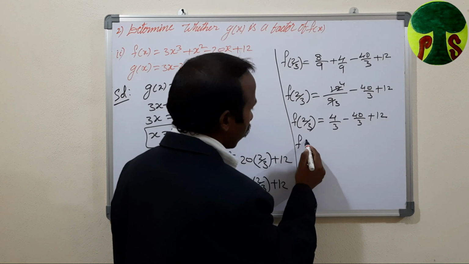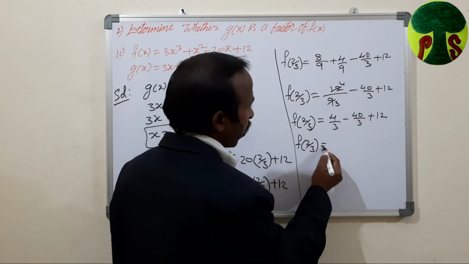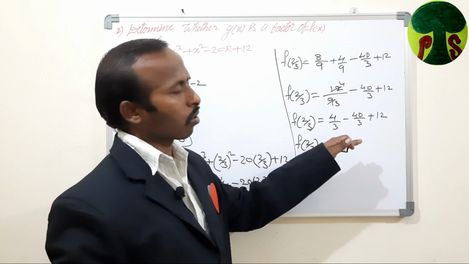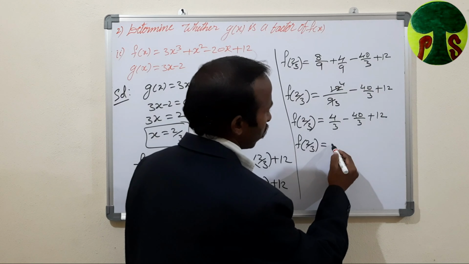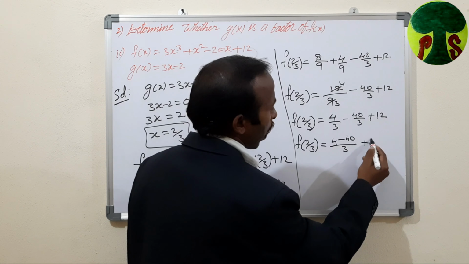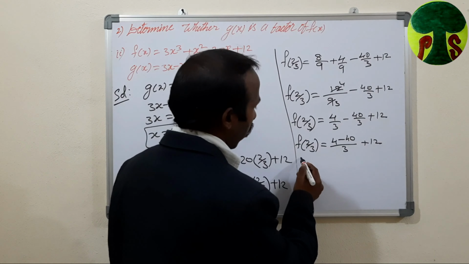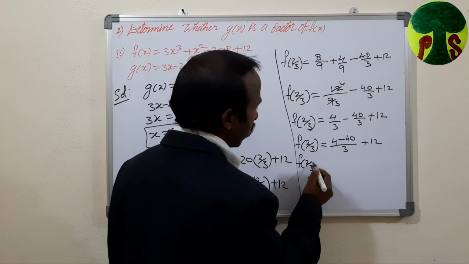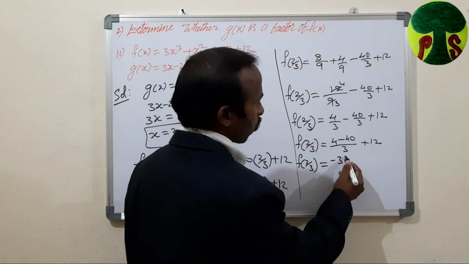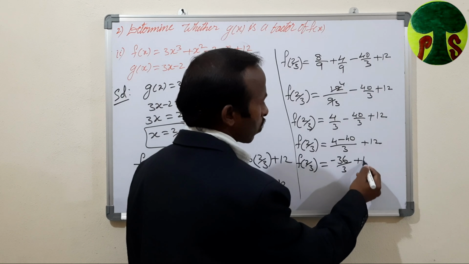Now denominators are same, again you have to subtract the numerators, that is 4 minus 40 by 3 plus 12. Next step, f of 2 by 3 is equal to 4 minus 40 is minus 36 by 3 plus 12.